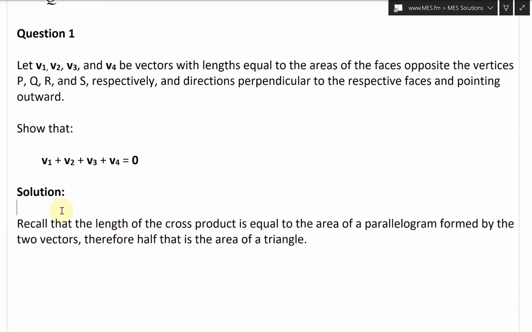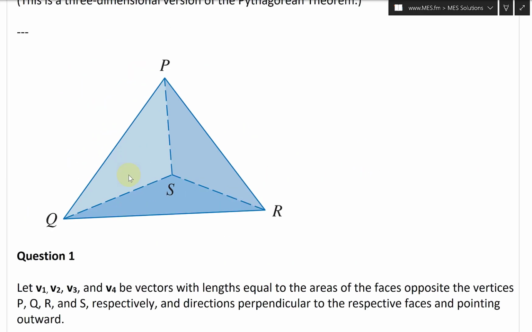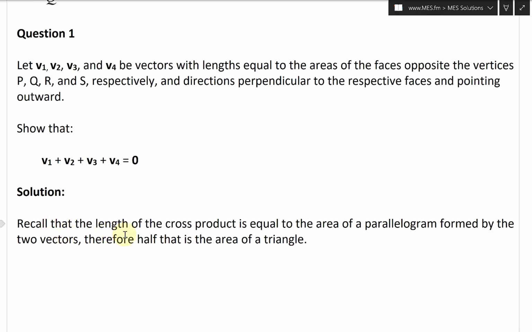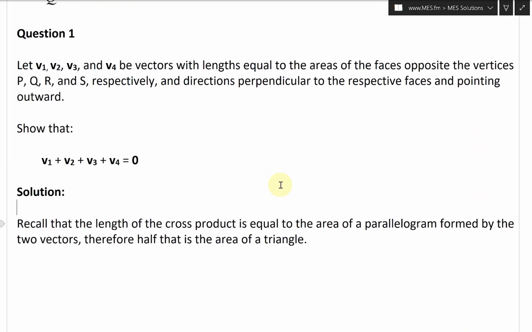So let's jump right in. First of all, because we're dealing with areas of the faces, which are triangles, recall that the length of the cross product is equal to the area of a parallelogram formed by two vectors. So therefore, half that area is the area of a triangle.